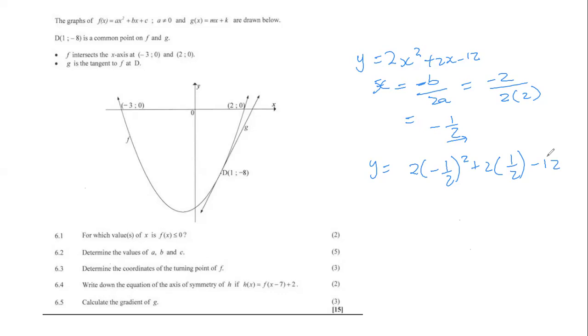Yes, negative 25 over 2. So now it means the turning point will be minus 1 over 2 and minus 25 over 2.